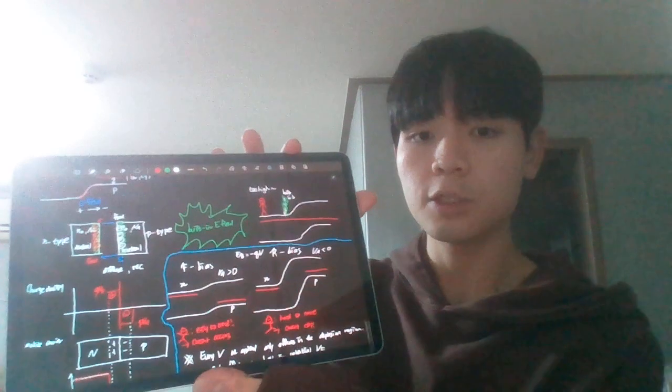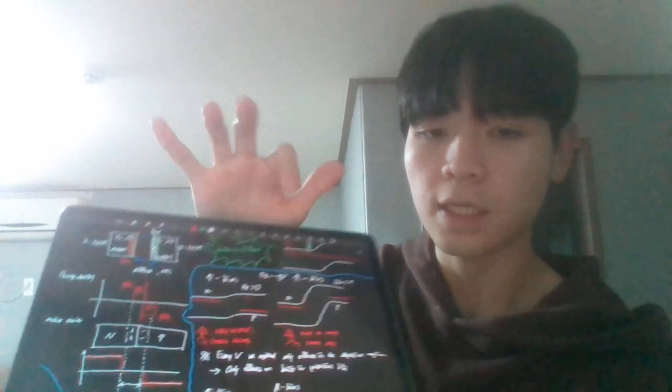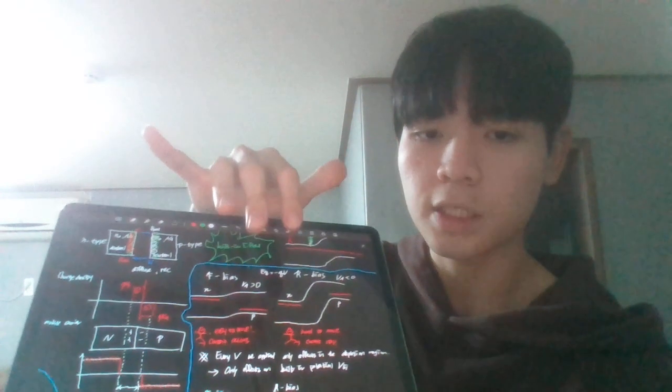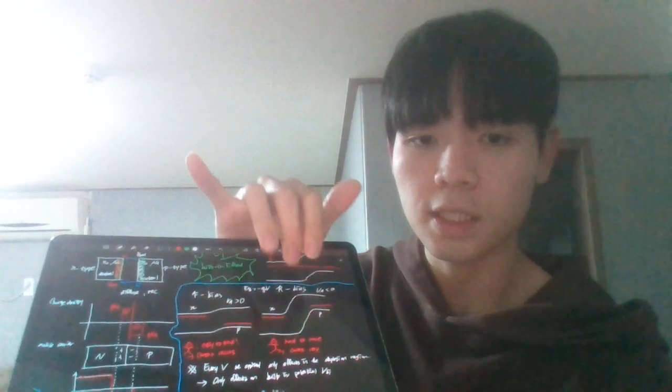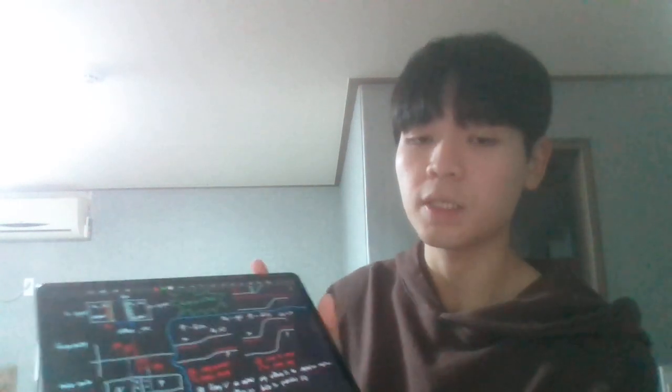All of these can be explained by the picture of the energy band here. For example, for the electric field, because I said before the electric field is the curvature of the depletion region, you can easily see that when it is reverse bias, it is steeper, which means it's bigger. And that's all for today's video.